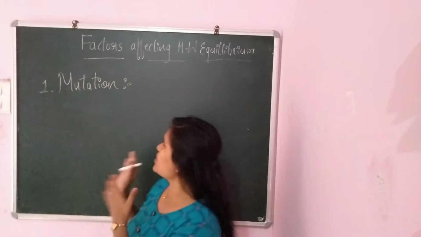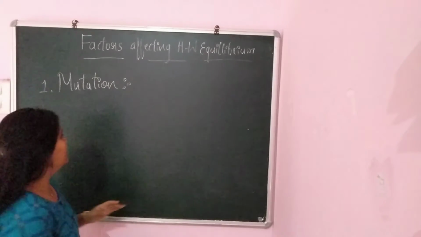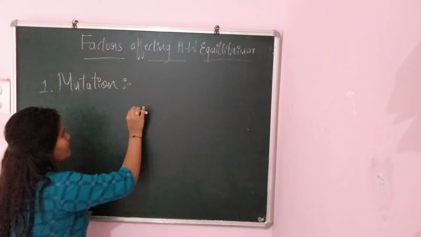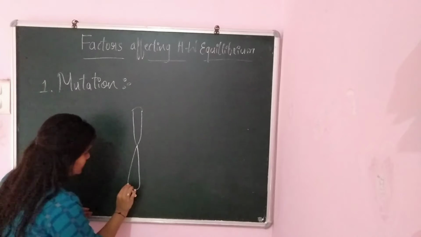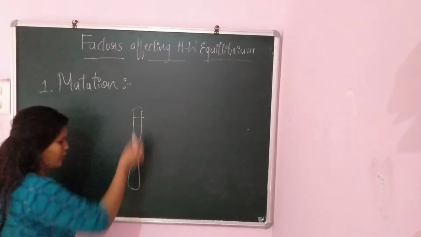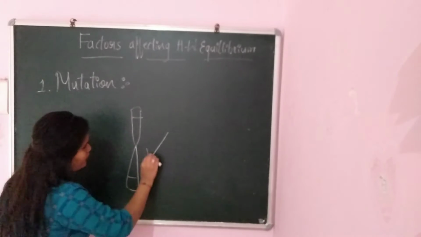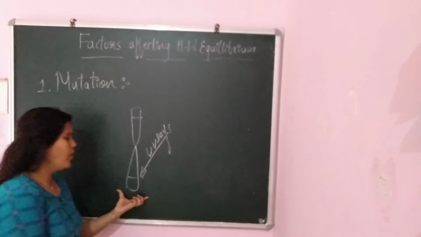Mutation means there is a sudden change in the gene. For example, have a look over here. If this is a chromosome, and UV rays fall on this chromosome, what happens?